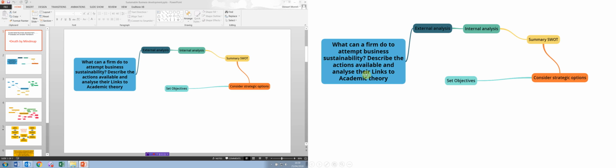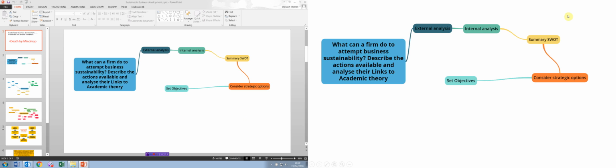I've already told you, though, to expect an international focus to it. But the basics of the question is we're going to be looking for you to give us some description and some academic context to what businesses do to maintain business sustainability.